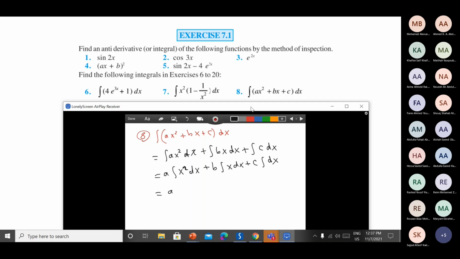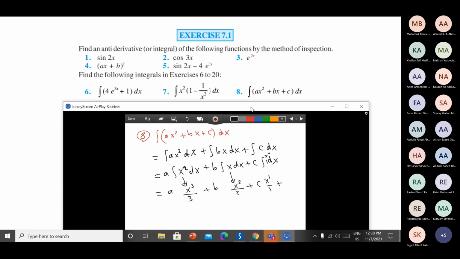Now, what is the integration of x squared? I add 1 to the power and divided by the new power plus. What is the integration of x? I add 1 to the power, which is 1, so it will be x squared over 2 plus. What is the integration of 1? As I said, here is 1, or x to the power 0 if you like. So you have x to the 1 over 1.